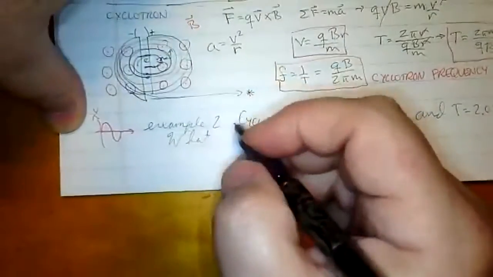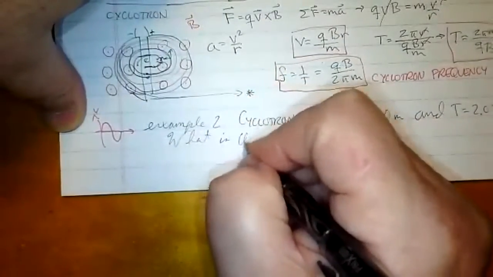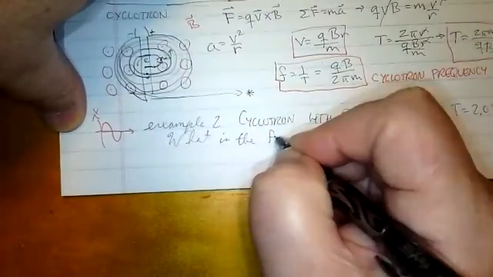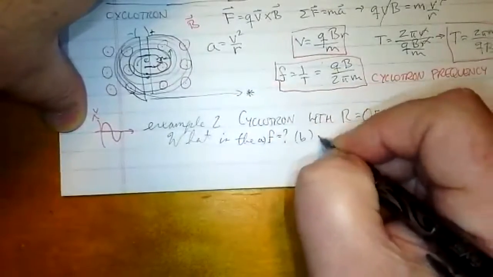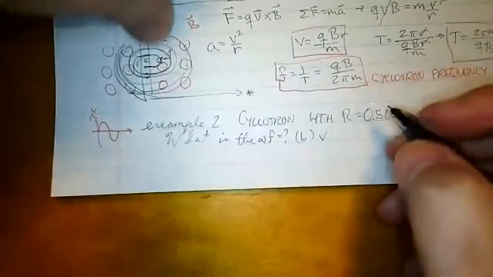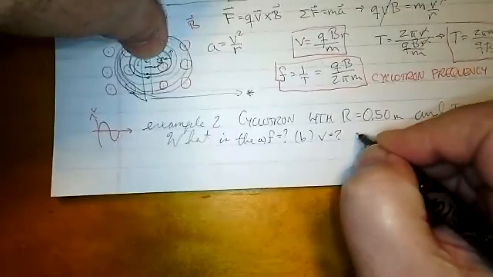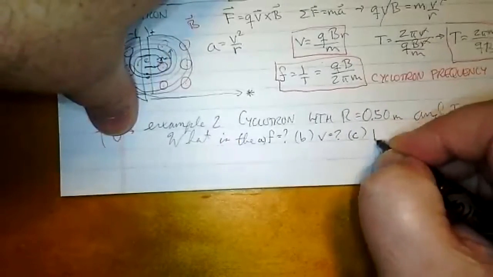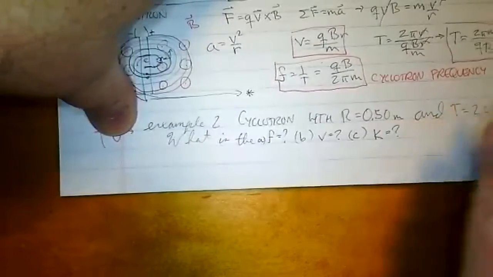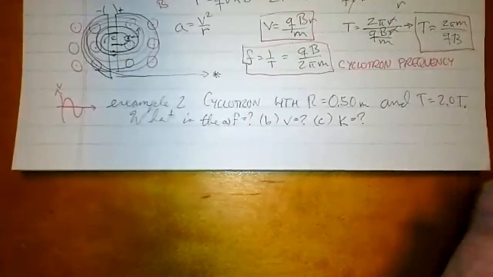What is the cyclotron frequency? I'll call that A. B, the velocity, and C, the kinetic energy of the electron. Okay. Well, we'll do the frequency first.